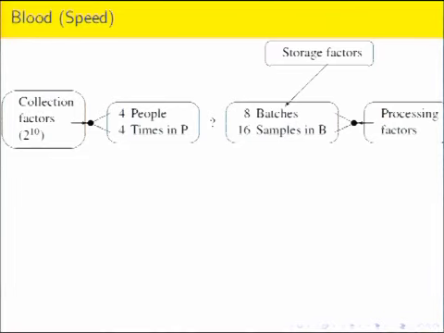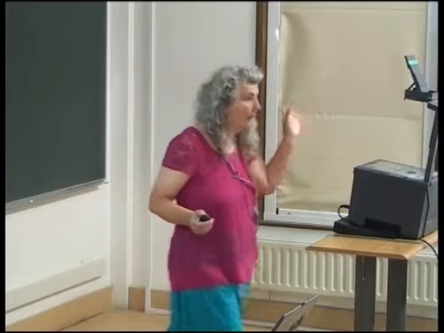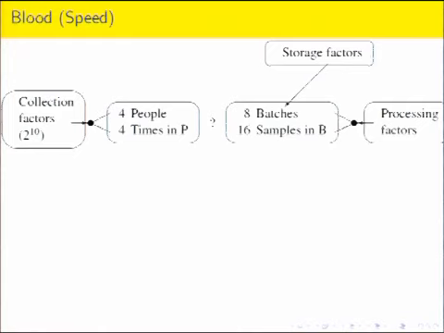So, in case you've forgotten, this is the background. It's a bit simplified, but it's to show you the principles. Things that might affect the way you collect blood. Now, he was talking about doing it on 4 people, doing it 4 times per person, and just to simplify it, I'm cutting out the other factors that he had there. And so the piece of paper I gave him on Monday showed him how to do this design, 10 2-level factors to combinations of people and times, so that nothing is confounded with people.